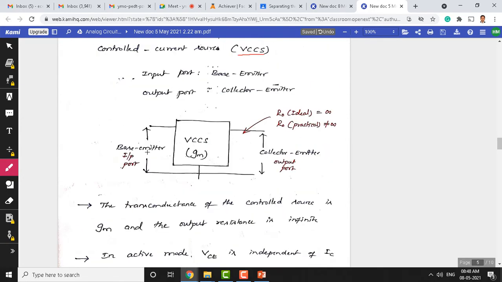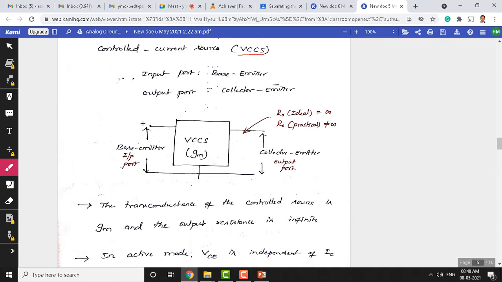Since we assume that input is a small signal, input is applied between the base and emitter of the transistor's configuration. This is called the input port, and output is measured between the collector and emitter, and where we measure the output is called the output port here.